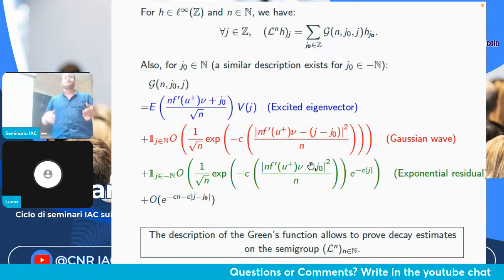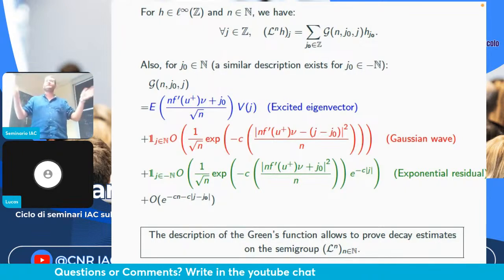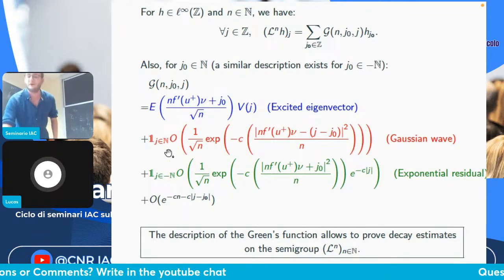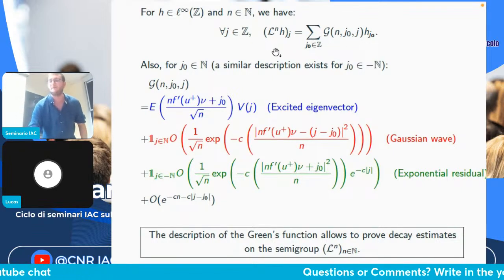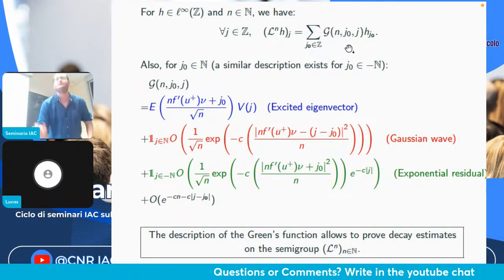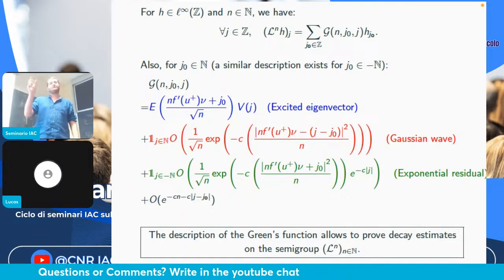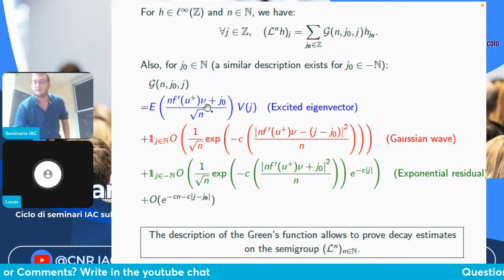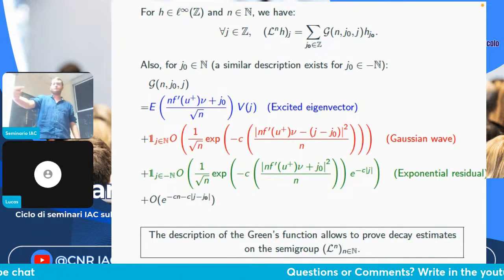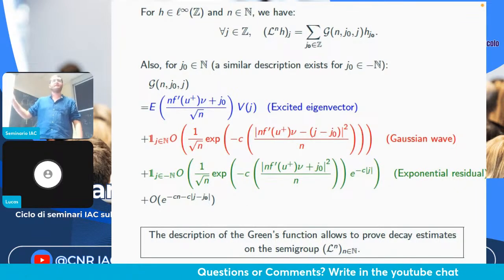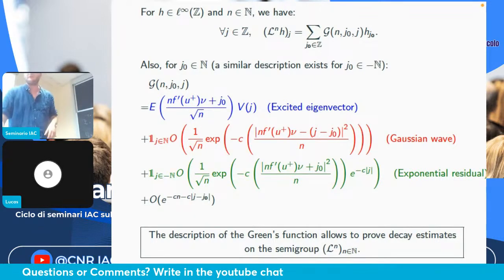But now that you have this description of the Green's function that I introduced before, I claim that you have some linear stability, because you have this expression of the semigroup, which is essentially saying that you have a convolution product between your initial data and the Green's function. Using this description, you can actually prove decay estimates on your semigroup. This is essentially proving that this Green's function was the right thing to study.